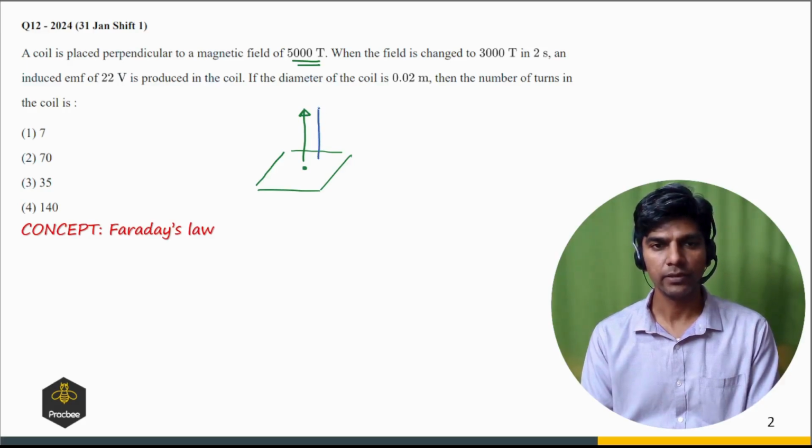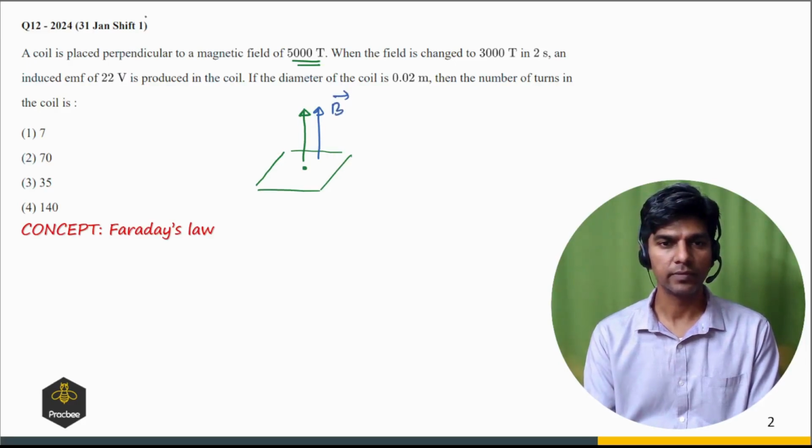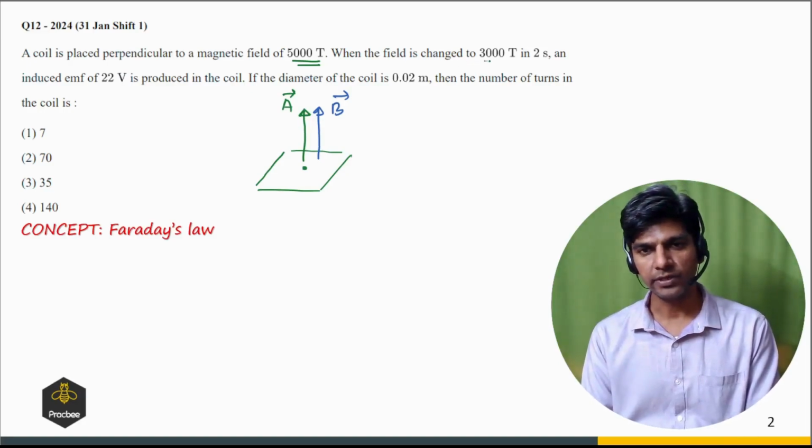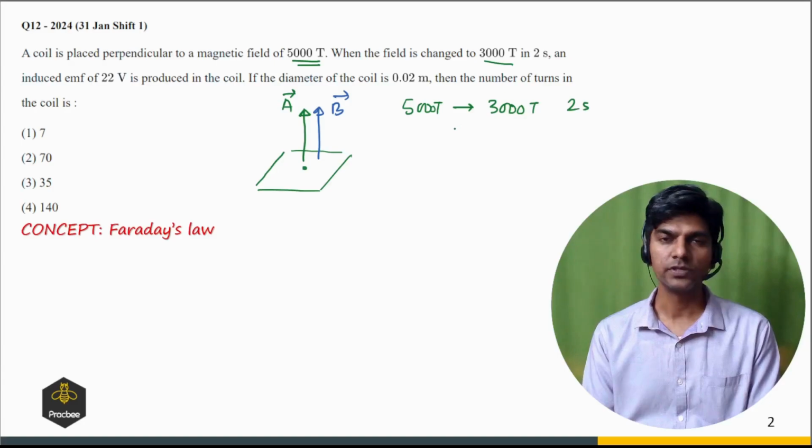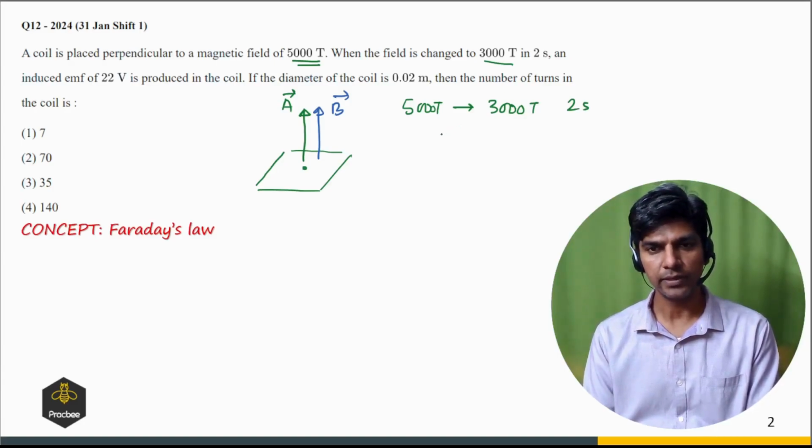So that is what they mean, that the coil is placed perpendicular to the magnetic field. So the plane of the coil is perpendicular to the magnetic field. So magnetic field is this, and the area vector, both are parallel. When the field is changed to 3000 Tesla in 2 seconds, so field is changing from 5000 Tesla to 3000 Tesla in 2 seconds. So from this we can find the rate of change of magnetic field.